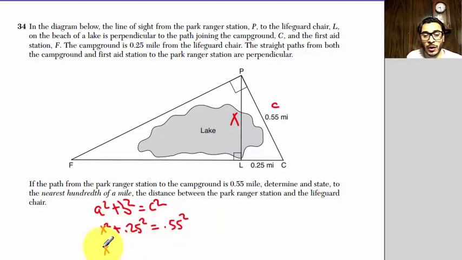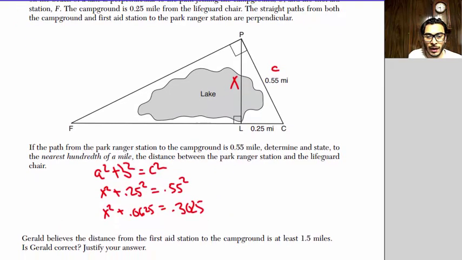So we will get X squared plus 0.0625 equals 0.3025, and let's go ahead and solve for X. Minus 0.0625 on both sides.